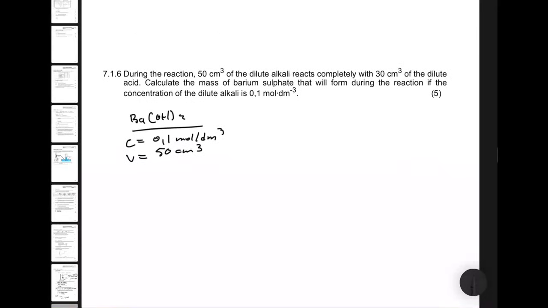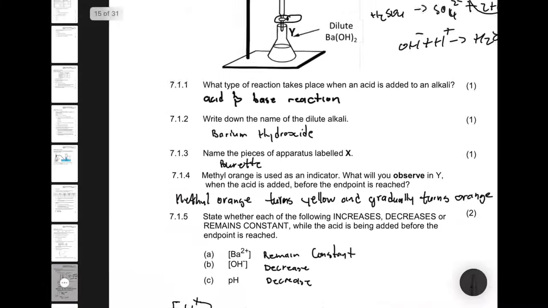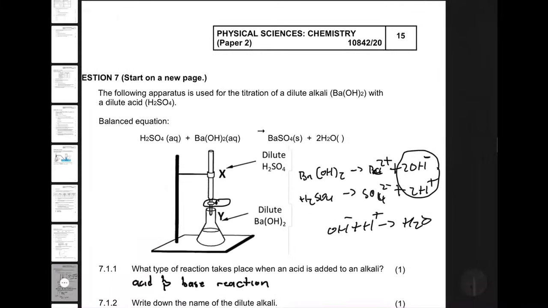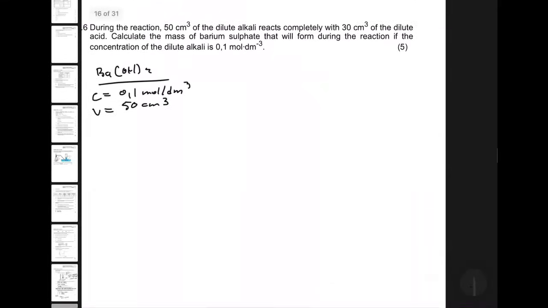So if we find the number of moles of Ba(OH)2, then we're gonna be able to use those number of moles to find the number of moles of barium sulfate, right? And from the number of moles of barium sulfate, we'll consequently be able to find its mass, because that's what the question is asking us to do, right?